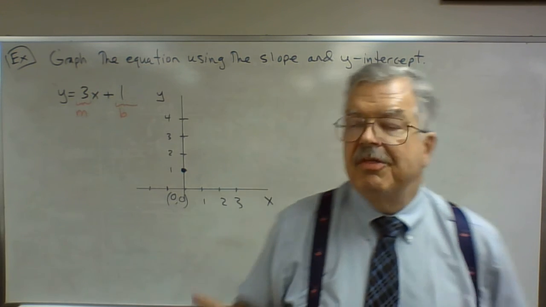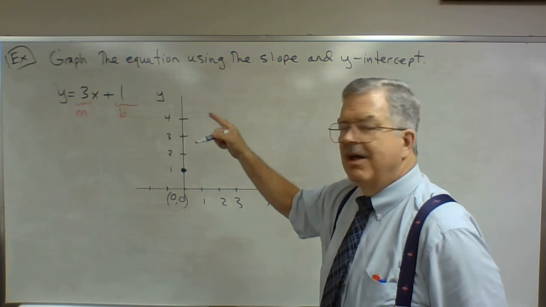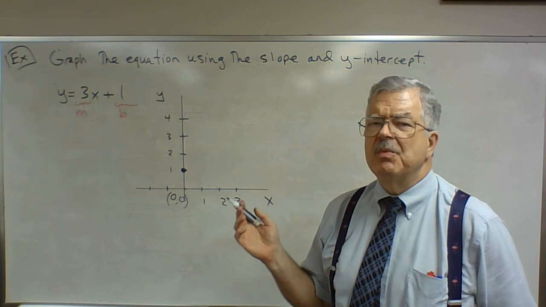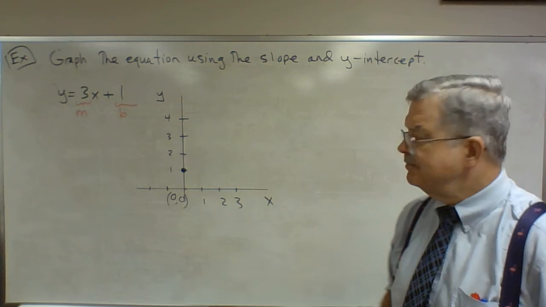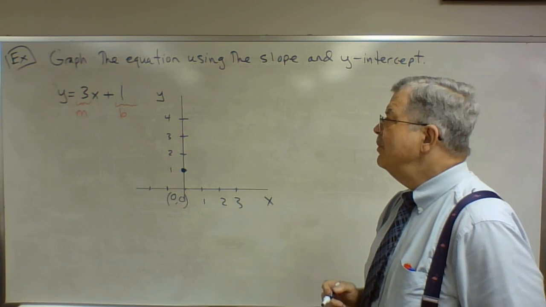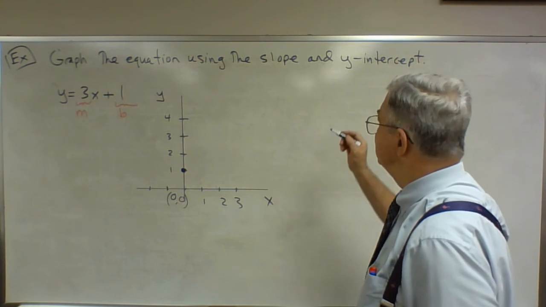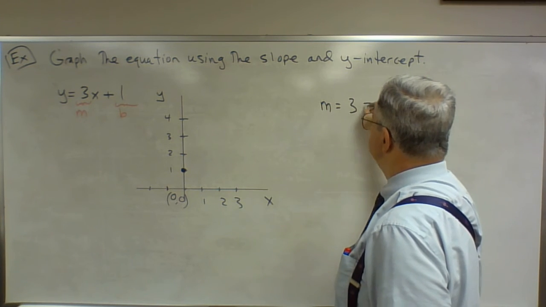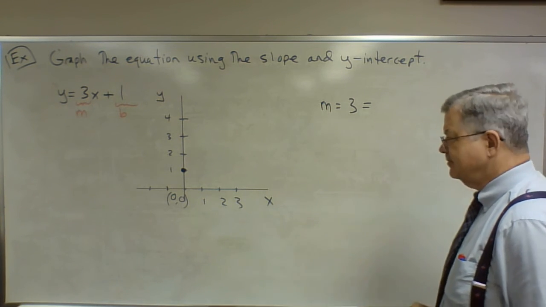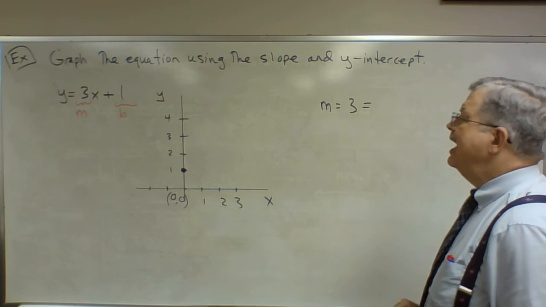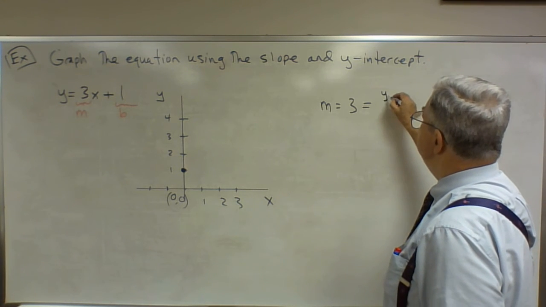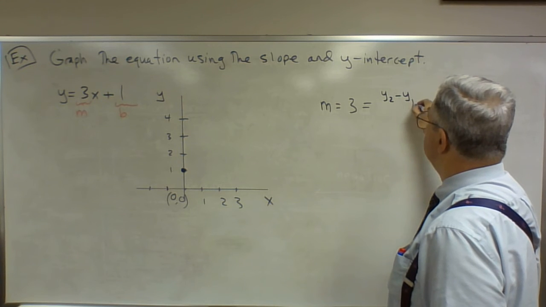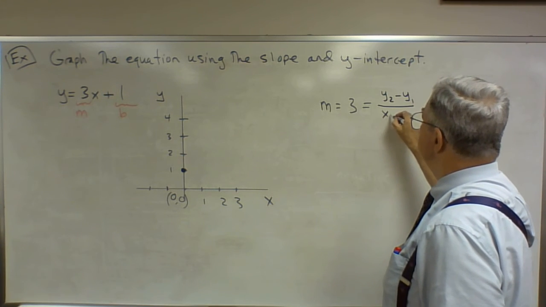To graph that line, all we need is one other point on the line. And we can find that using the slope. The slope is 3. And that equals change in y over change in x.